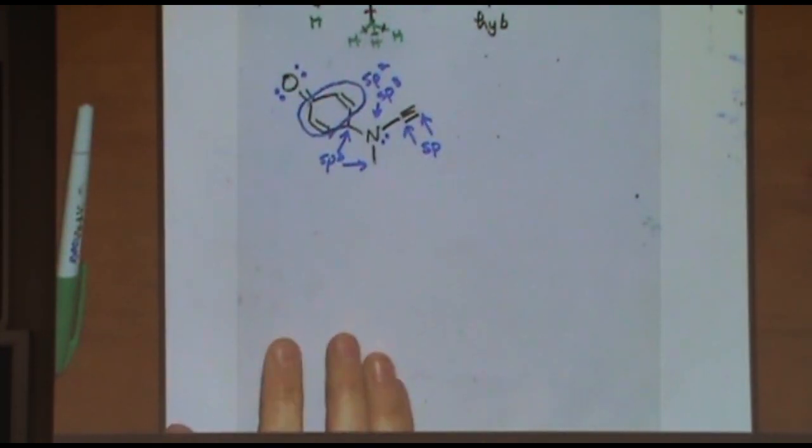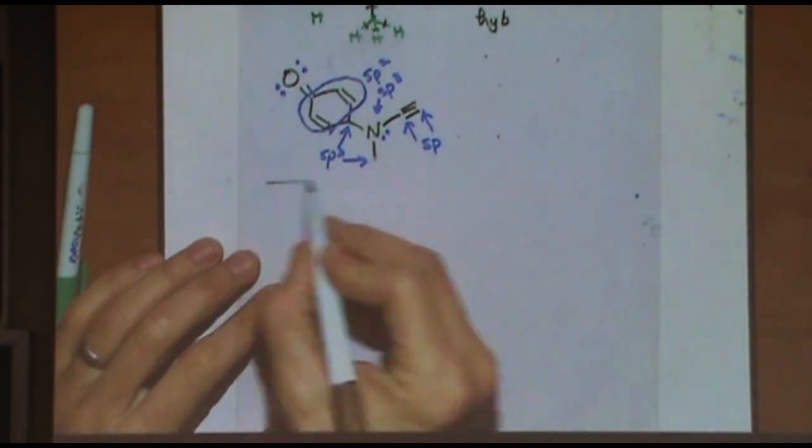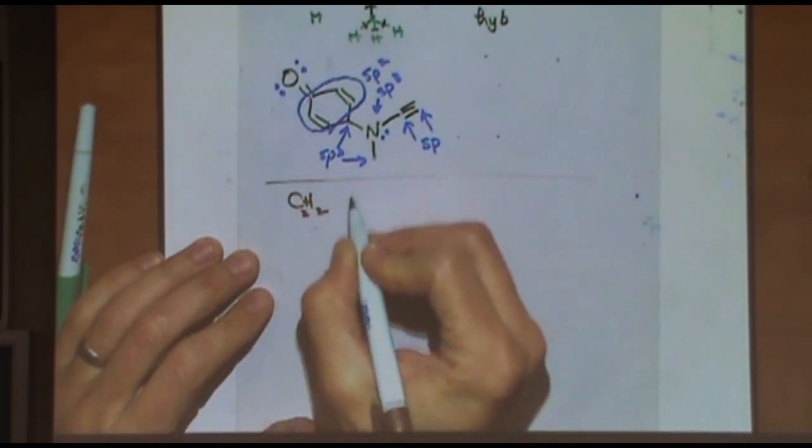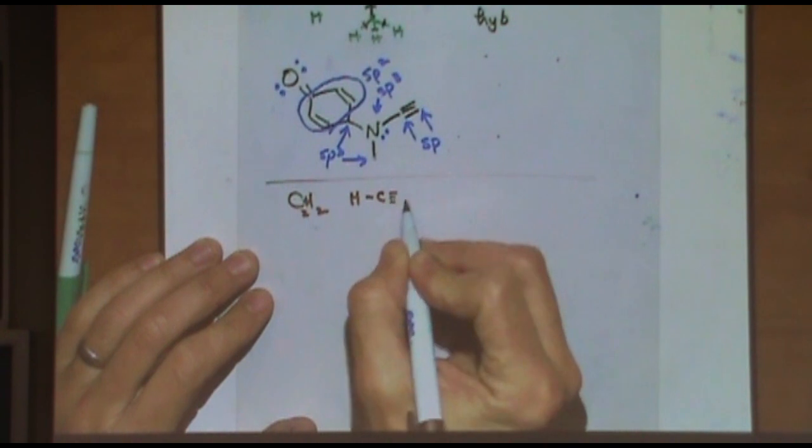Do you want me to draw for something else? Like what? CH4, C2H4, C2H2. A hybridization scheme, not scheme, but really the hybrid orbitals of C2H2. That's this.